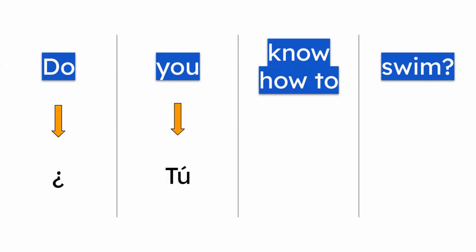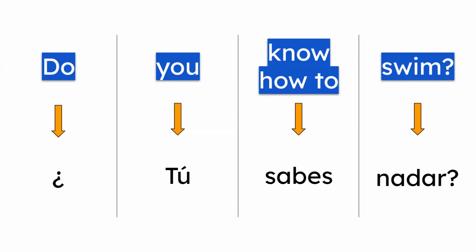You, to know how to. That structure, remember, that means we need to use saber, right? Exacto. Sabes. Hey, tú sabes nadar. ¿Sabes nadar? Vamos a ir a la playa.